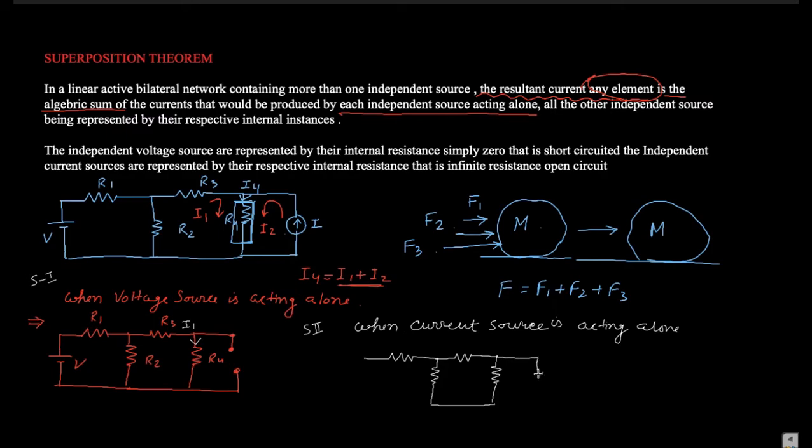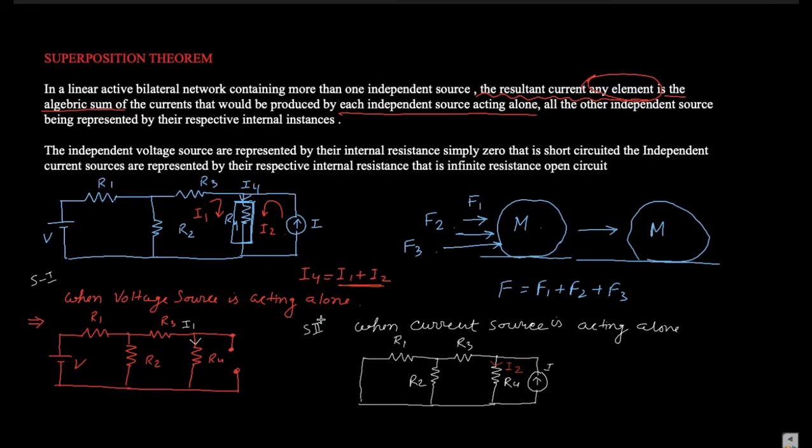Keep the current source intact, but make the voltage source short circuited, as the voltage source can be replaced by its internal resistance, and the internal resistance of the voltage source is 0, so we make it short. So this is R1, this is R2, this is R3 and this is R4. The current flowing through the current source, you can say I2.